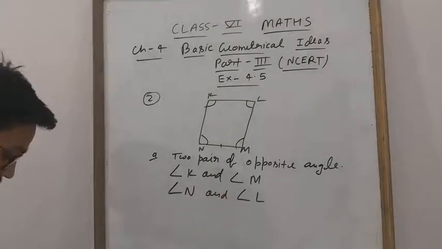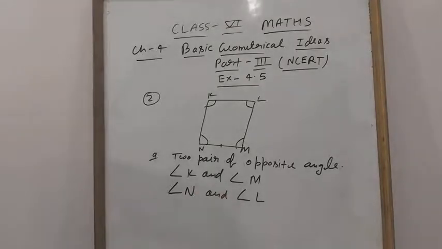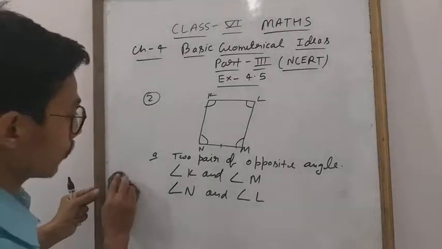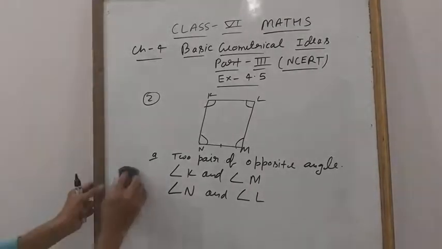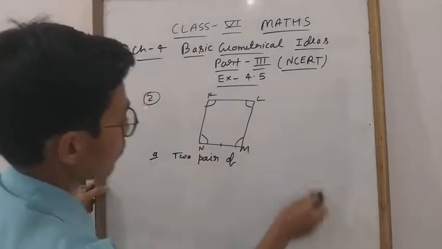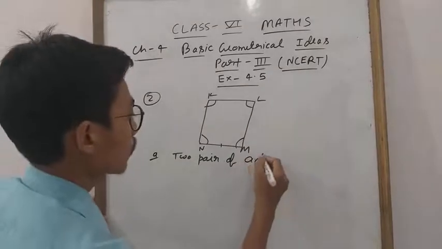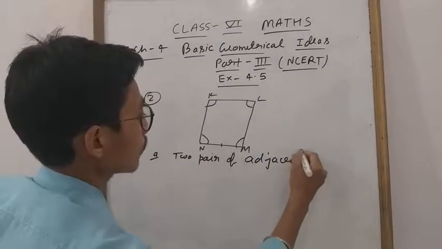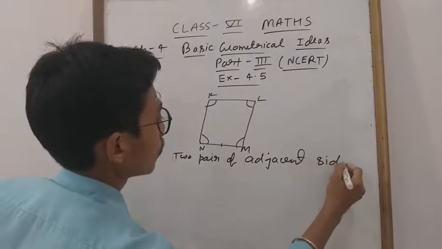Next it is given: two pairs of adjacent sides. Clear, everyone? Now see, student, what do you mean by adjacent sides? This is very important.